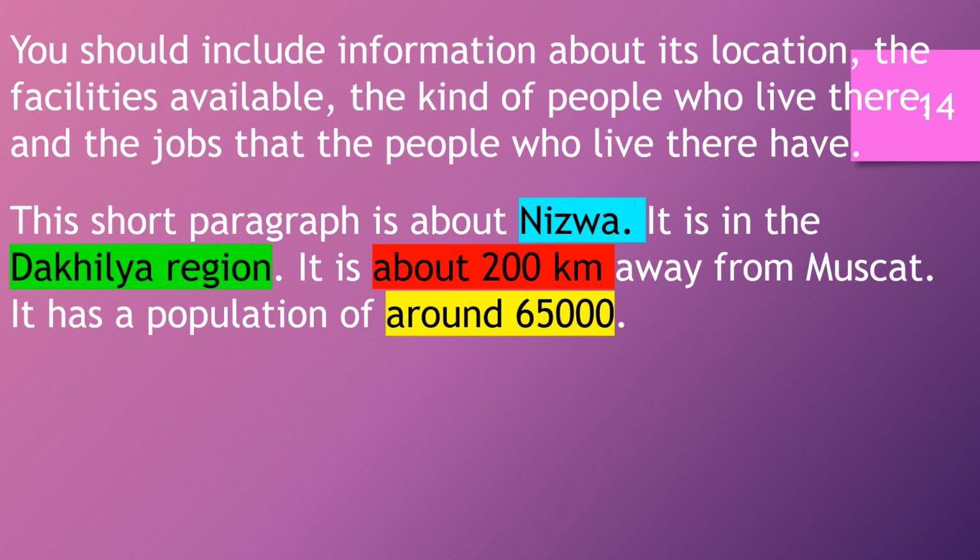If you are writing about any place in Oman, your hometown or any other towns in Oman, you can write around 50,000, because most of the places have more or less than 50,000 people living there. So you can just write a general figure. It has a population of around 65,000. In this case, we know the population of Nizwa, so we are writing the exact number.